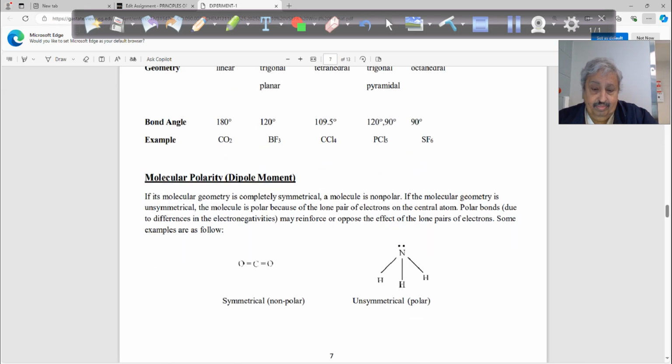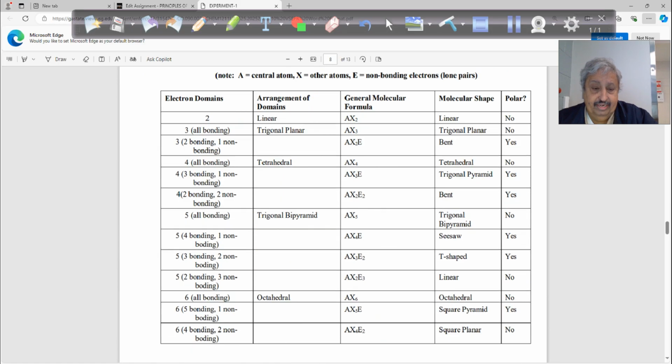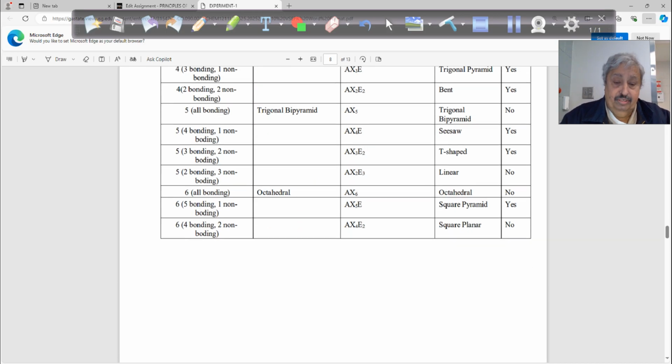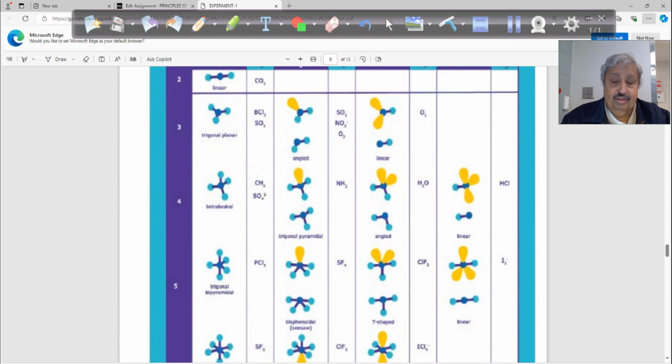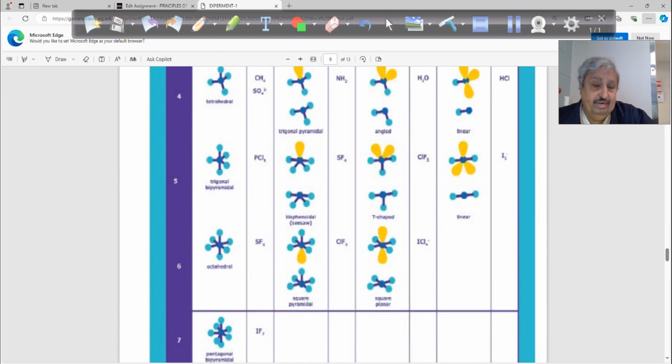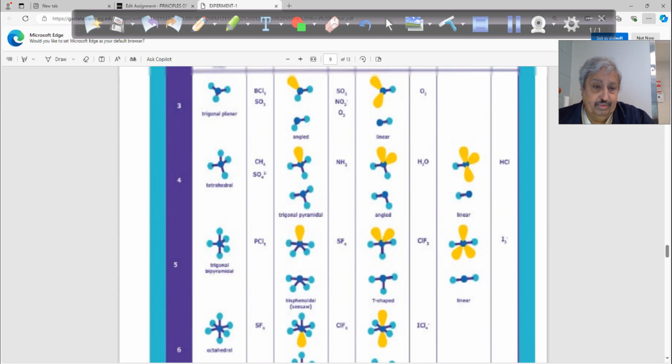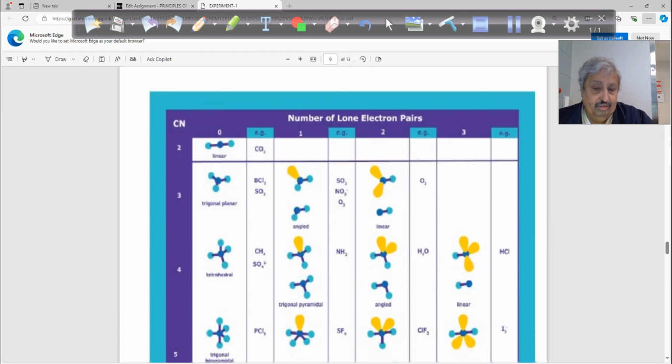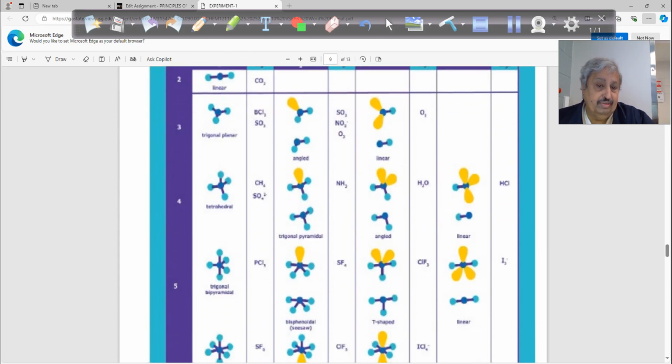This is the one you need for quiz number 5. You have to bring this one out, and there is another one here. Look at this. They give you a number of electron pairs, correct?